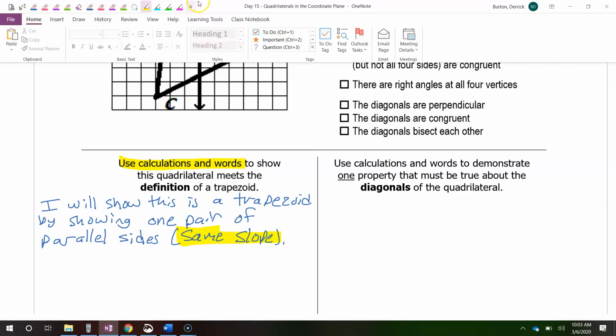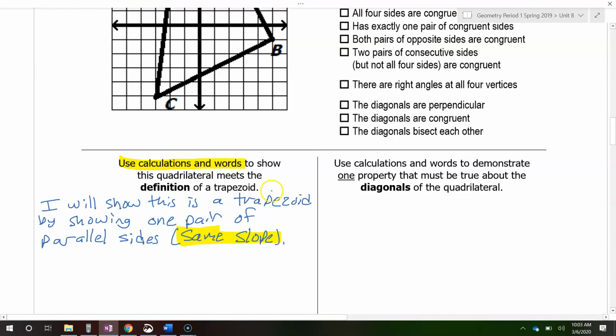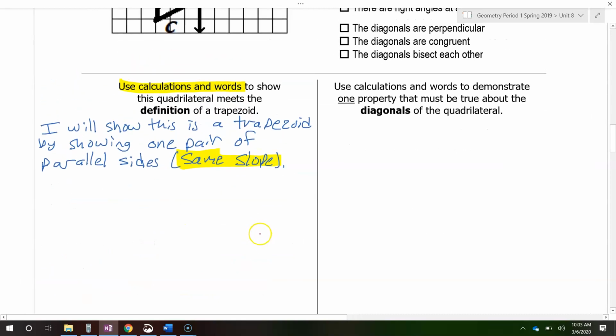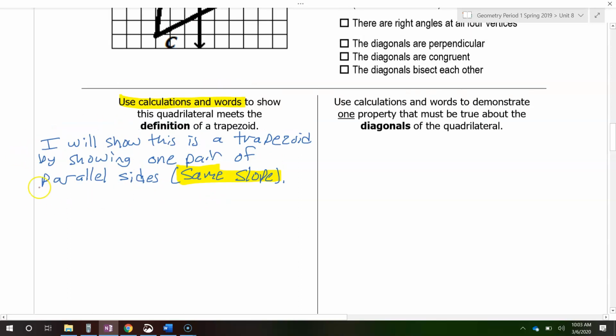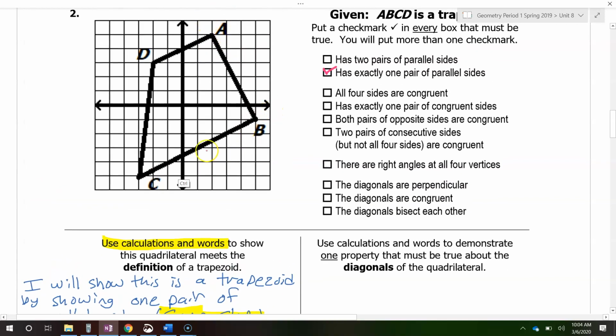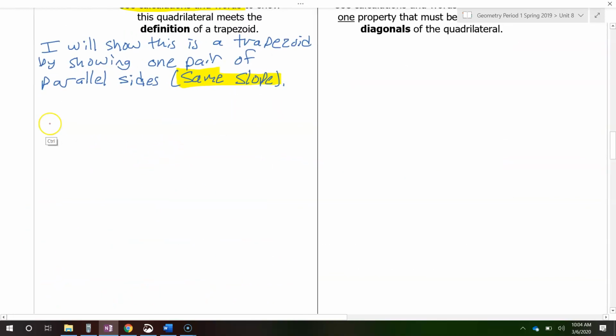Now here comes the main body where I simply do what I just said I was going to do. So I need the slopes. We need to find all of the slopes because we need to show that there's only one pair of parallel sides. So let's go in order: A, B, B, C. All right, so your work will look like this.